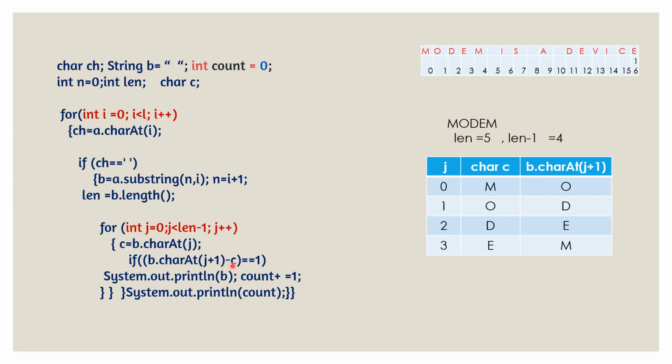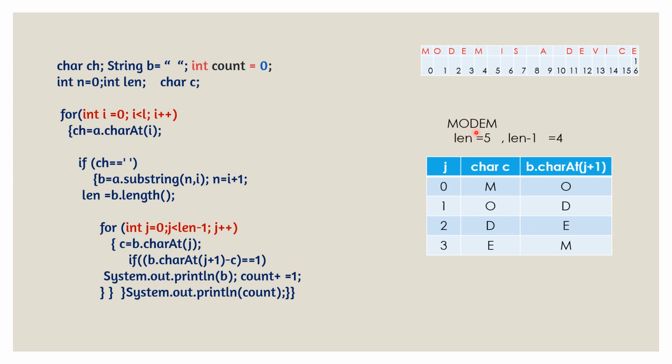If j is M, the next character is O, which is b character at j plus 1. So b character at j plus 1 minus c, that means the second character minus the first character. If the ASCII code difference is 1, that means it is a consecutive letter. In this case, O minus M, the difference is not 1. Then the second one, O and D: D minus O is not 1.